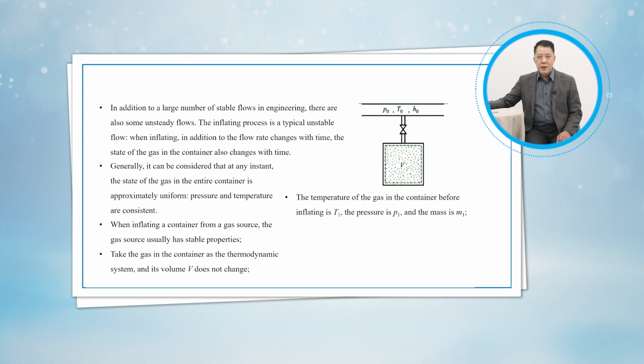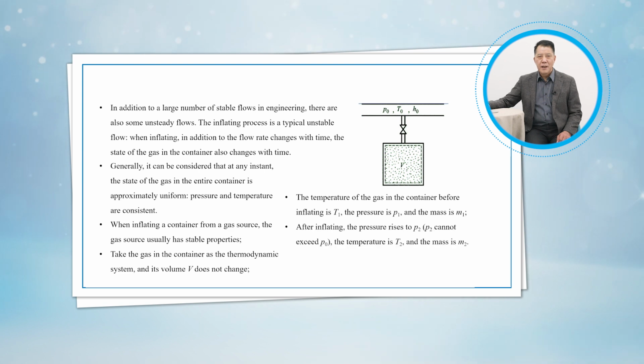The temperature of the gas in the container before inflating is T1, the pressure is P1, and the mass is M1. After inflating, the pressure rises to P2, the temperature is T2, and the mass is M2.